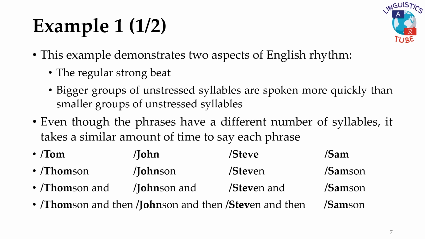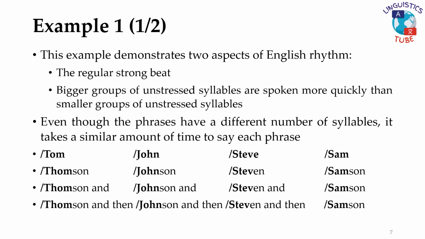The first one demonstrates two important aspects of English rhythm. Firstly, the regular strong beat, and secondly, the fact that bigger groups of unstressed syllables are spoken more quickly than smaller groups of unstressed syllables. You will hear that, even though the phrases have a different number of syllables, it takes a similar amount of time to say each phrase.